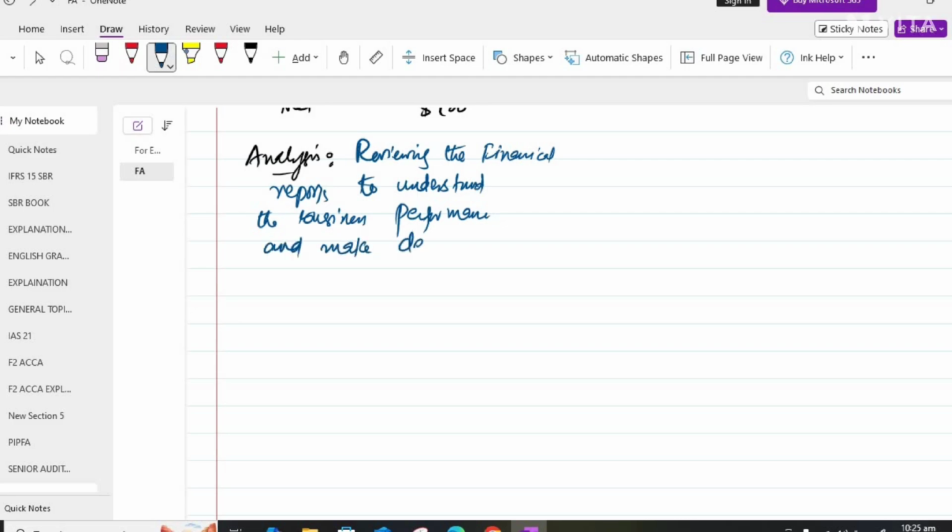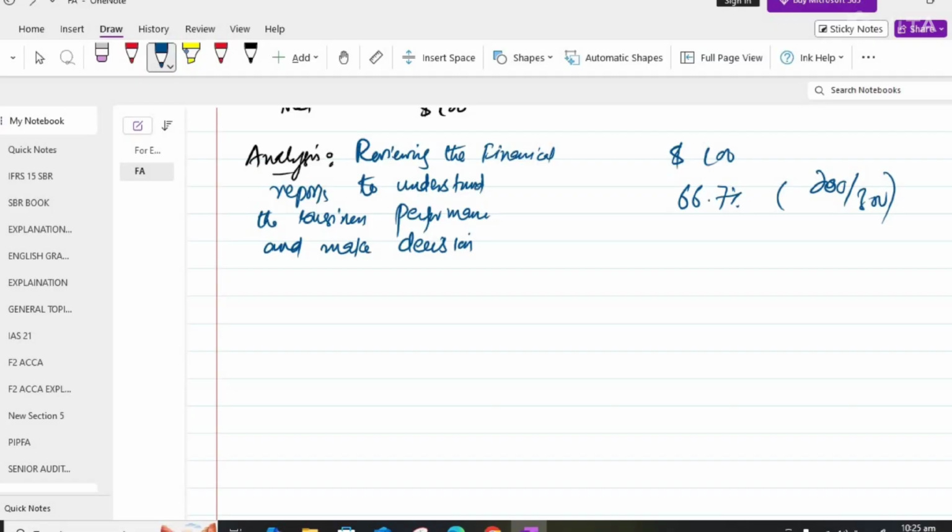Clear? Now the owner reviews the income statement and sees that the net income is $100, with expenses being 66.7%. If you see here, this is 200 divided by 300, so the expenses are 66.7% of the revenue.